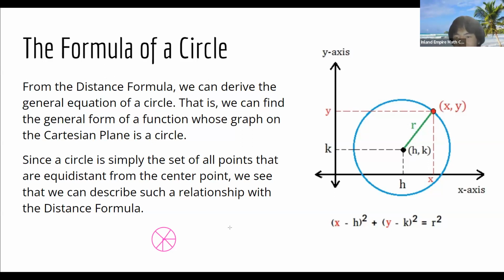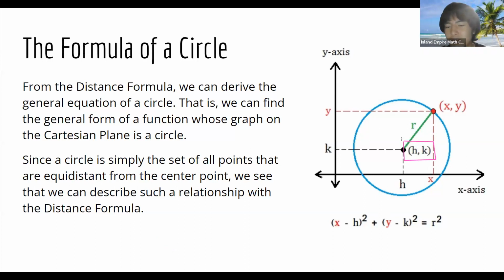So knowing that, we can describe all of the points on a circle using an equation, because if we know that the center point is some point hk, then for any point on a circle, you can describe it by describing the distance between xy and hk and setting it to a constant, right? This comes from the distance formula.